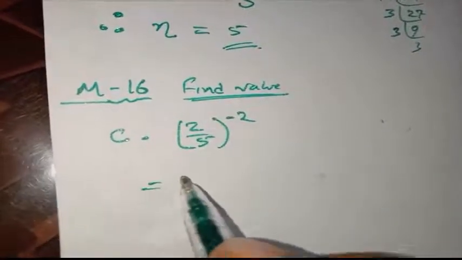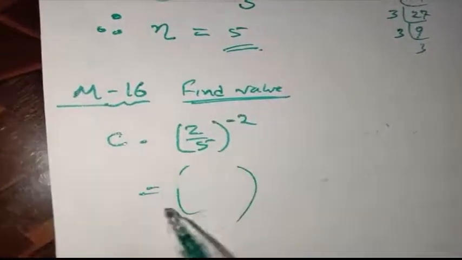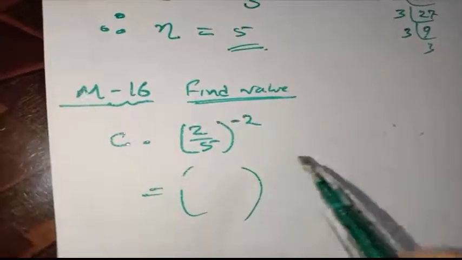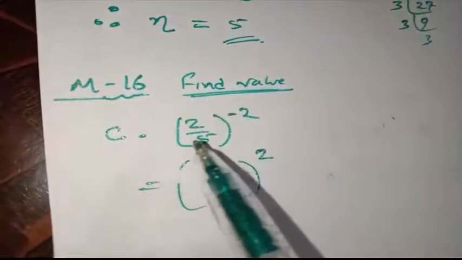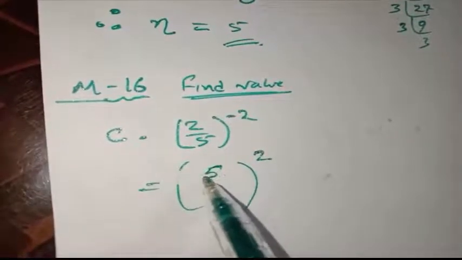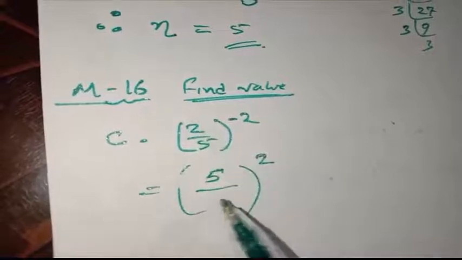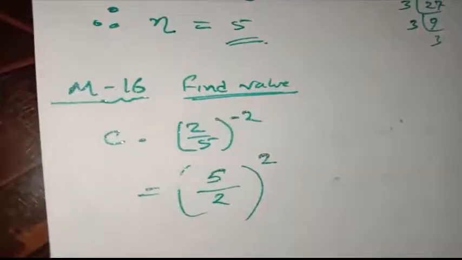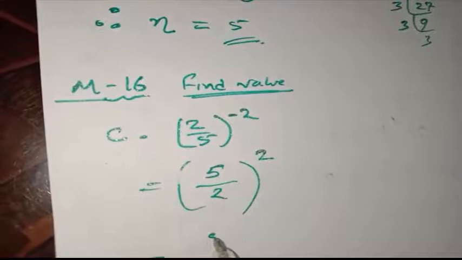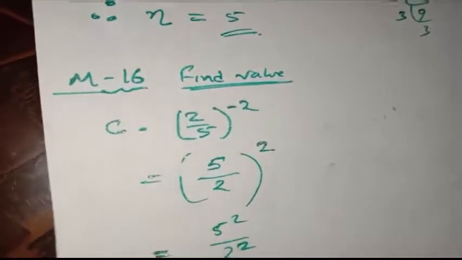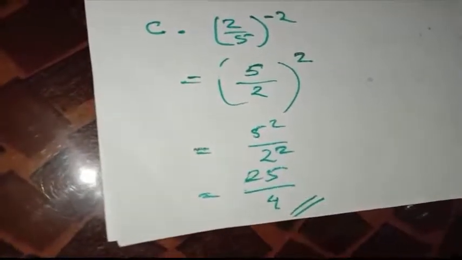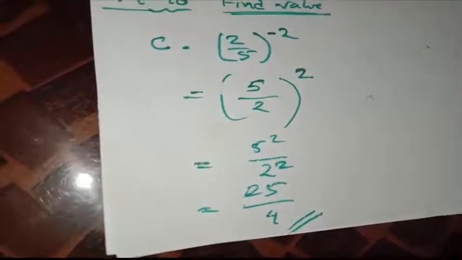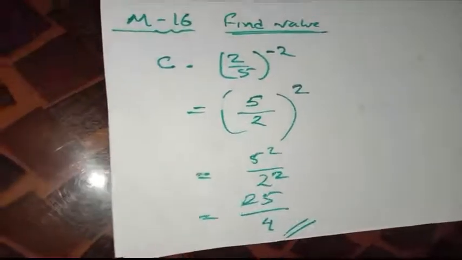That means from minus 2 to 2, the denominator will become the numerator and the numerator will become the denominator. So it will be 5 square by 2 square, which will be equal to 25 by 4. This is how you are going to solve all the questions of module number 16.